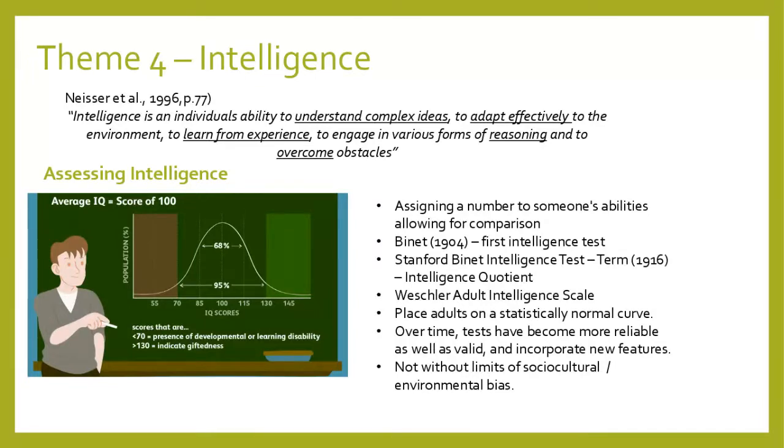So again, intelligence testing has limits around social, cultural, or environmental biases. How a question is phrased in one culture could have a very different implication in another culture. So a lot of work has been done to make sure that any intelligence scale takes into account all of these different biases that could happen.